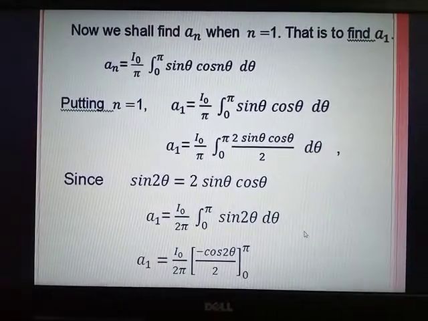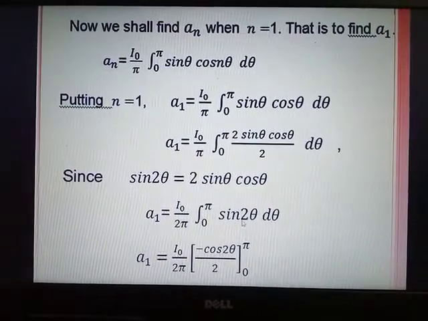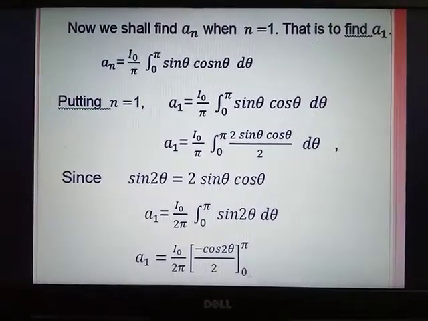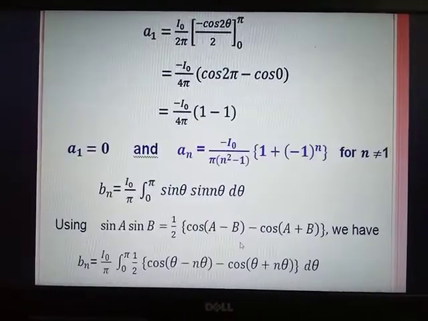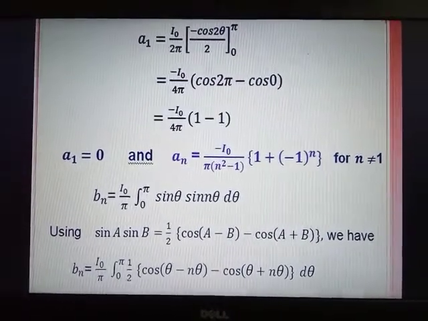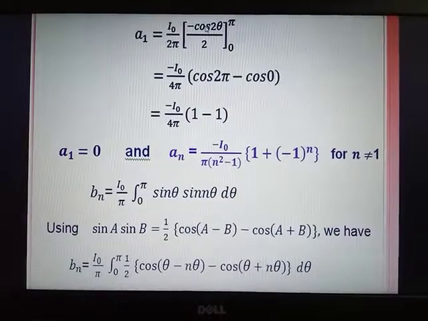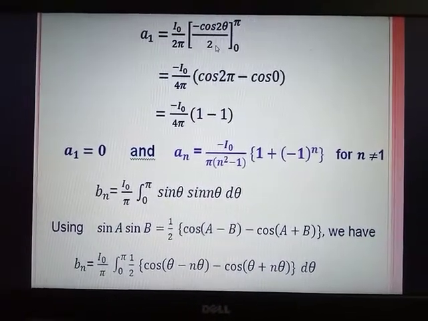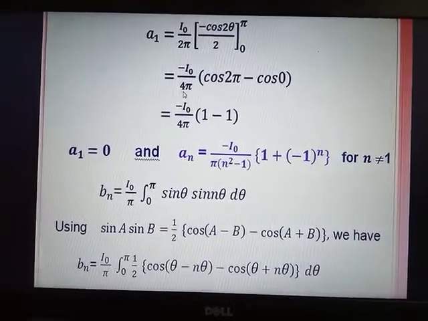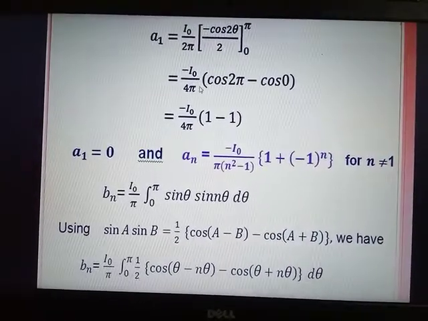We know that integration of sin 2θ is minus cos 2θ divided by 2, limits from 0 to π. Next, a_1 is equal to I_0 by 2π, minus cos 2θ divided by 2, limits from 0 to π, that is minus I_0 divided by 4π, since 2 into 2 is 4.